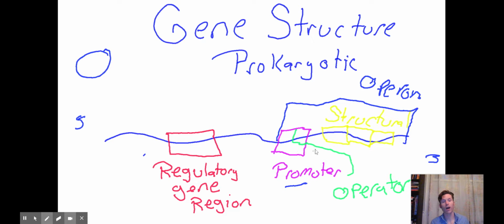Okay? Unlike the eukaryotic gene, we see a unique region called the operator within the promoter. Okay. And the operator is very important to regulating whether or not this operon is functional or if it's dormant. Okay. And so this region is shaped in a way that allows for the attachment of a secondary molecule.